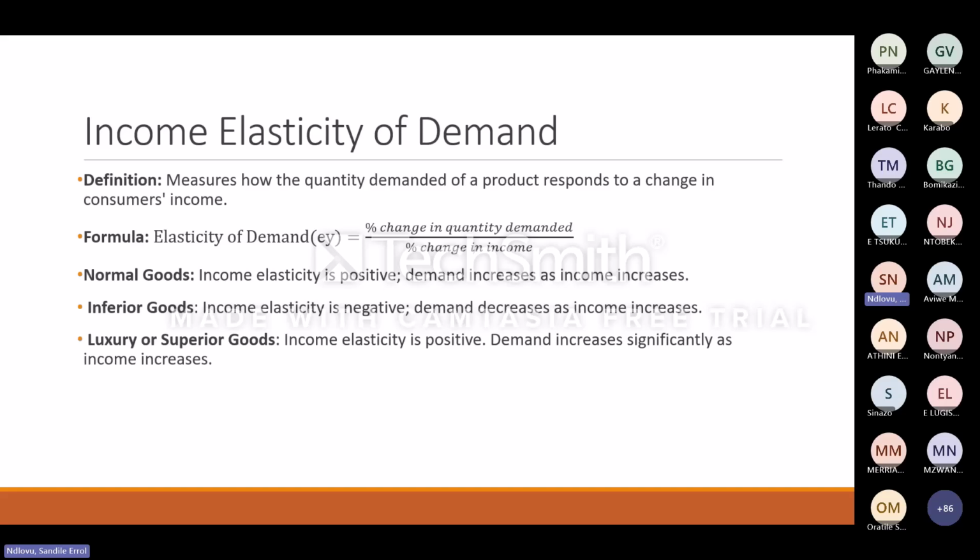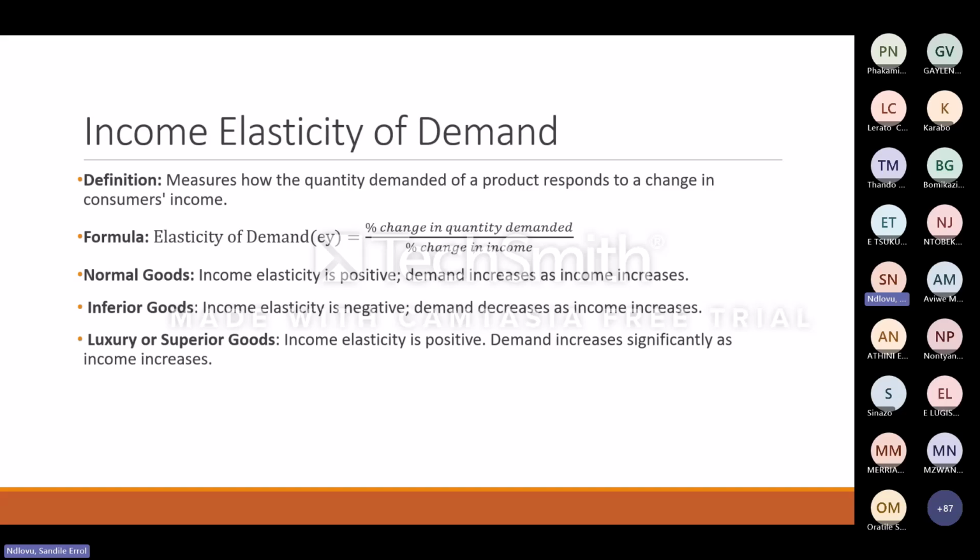But then there's also a distinction between normal goods and luxury goods, because luxury goods are your Gucci's, your Ferraris, your Mercedes, eating at Tasha's, all the fancy things, the fancy places and stuff. And then you also have inferior goods, goods that you only turn to when you have no money.